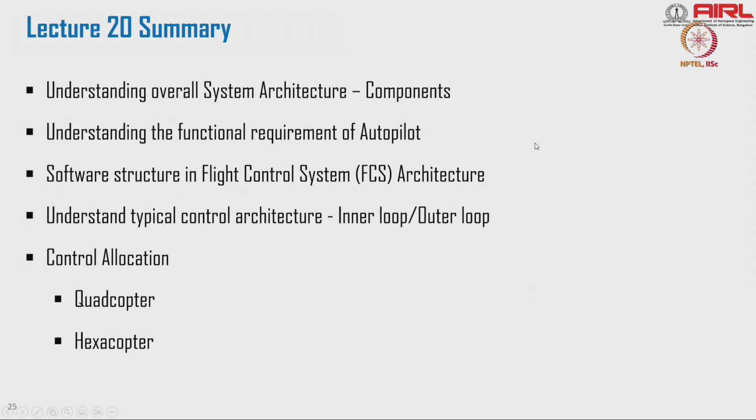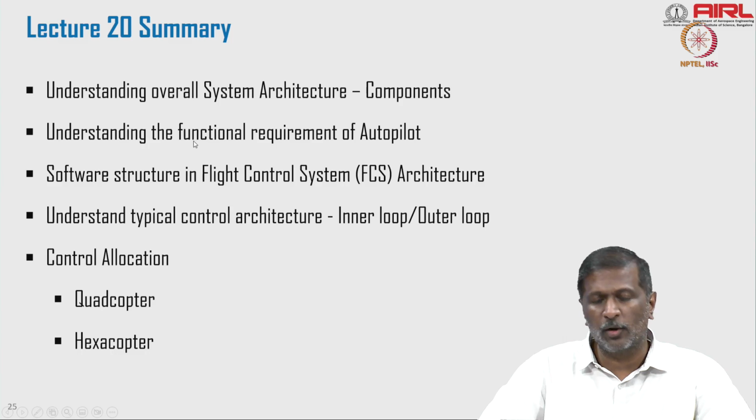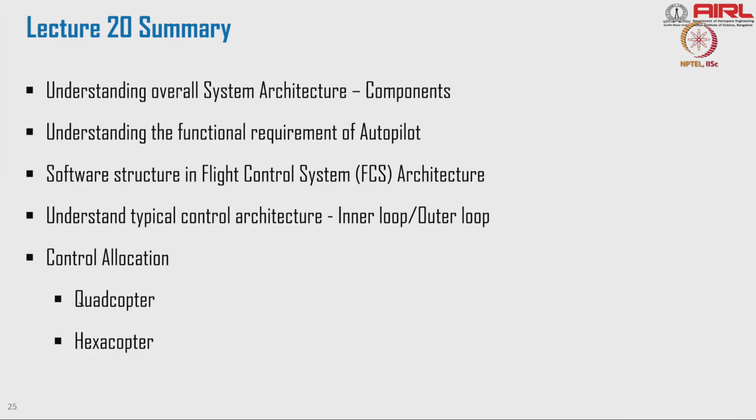In summary, we understood the overall system architecture and the functional requirements of the autopilot. We understood the software structure in the flight control system. We looked at the ground control station. We looked at the software structure in the autopilot, the brain, where it has a driver, a middleware, and storage and logging mechanisms.